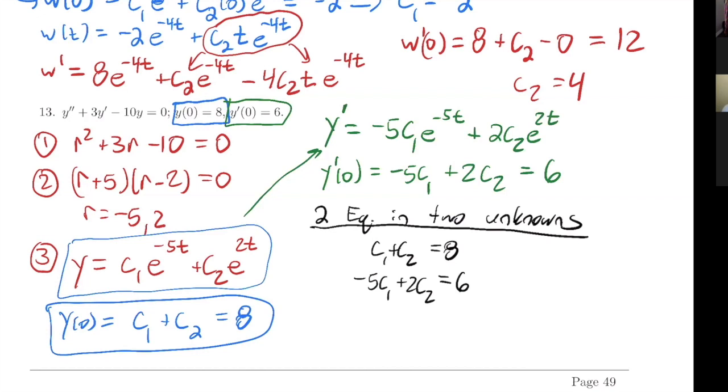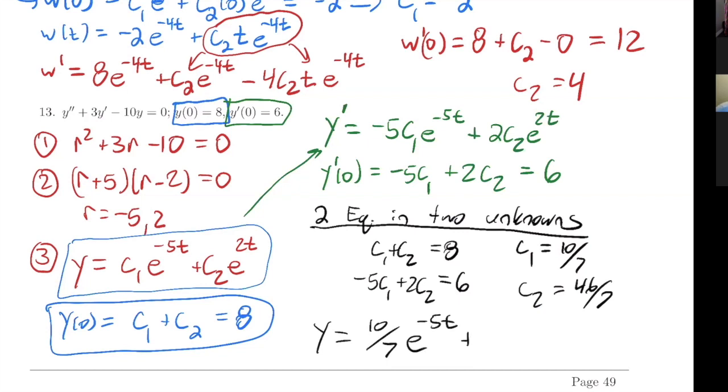Solving this using whatever methods you like, I got that the value for c1 was 10/7, and the value for c2 was 46/7. So the particular solution, therefore, is 10 sevenths times e to the minus 5t plus 46 sevenths times e to the 2t.